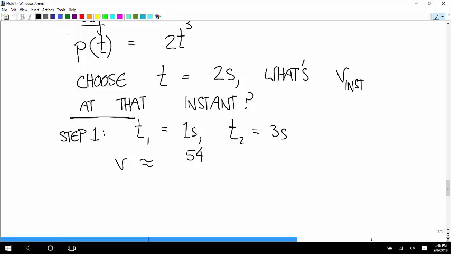And now we want to do it for 1 second. 1 cubed is 1 times 2 is 2. So the numerator is 54 minus 2. And we're dividing that by the elapsed time, 3 minus 1. And so we get 52 over 2 is 26 meters per second. Okay, that's our first approximation.